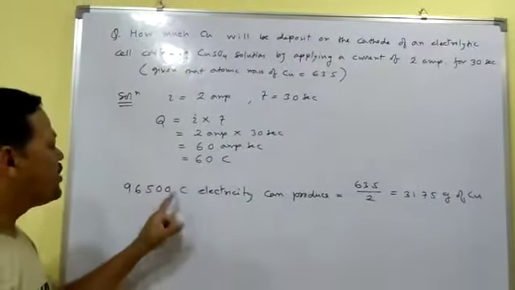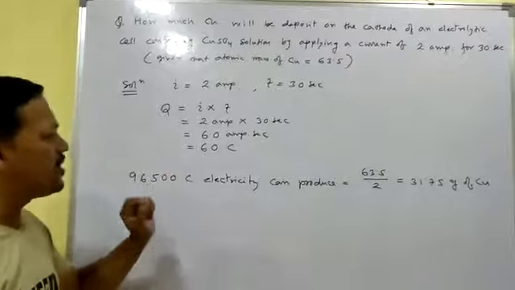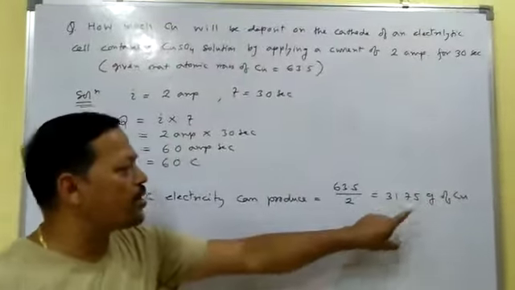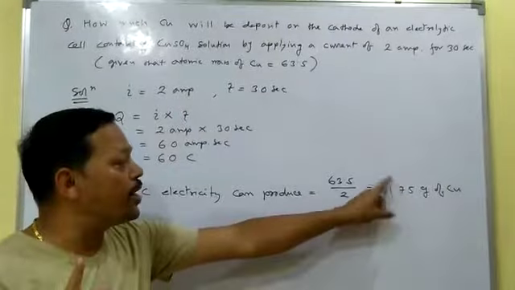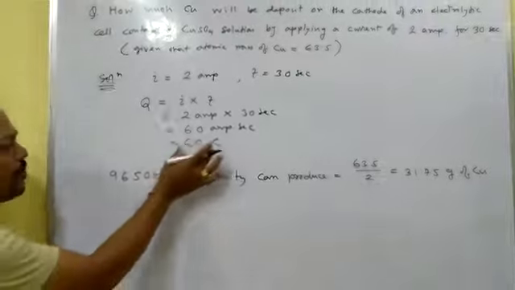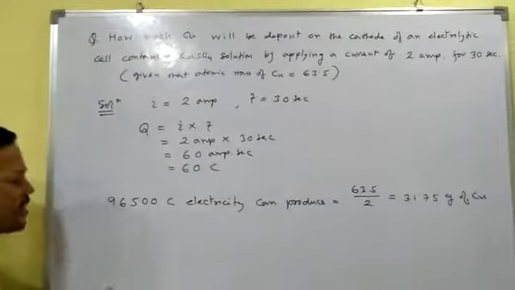So 96500 Coulomb, I mean 1 Faraday of electricity, can produce 31.75 gram of copper. 31.75 is the equivalent mass of copper, atomic mass divided by valency. Now, what electricity do we have? We have 60 Coulomb.